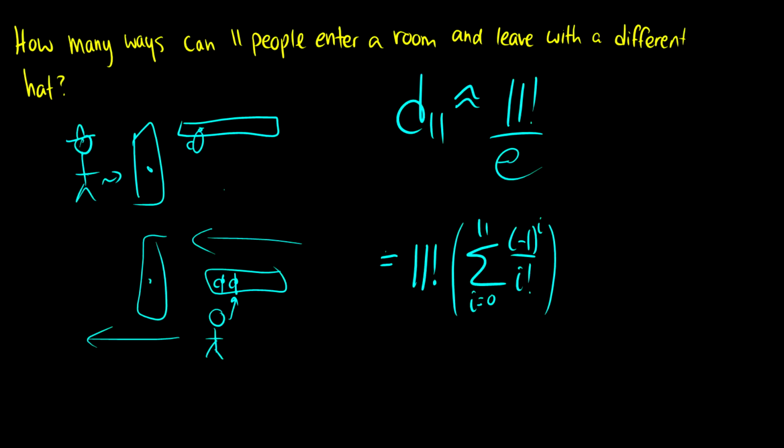Or divided by I factorial. You could write that. You could put it in a calculator and solve it, but really, if you're being given a ridiculous number like 11 on a test, which is a huge number for derangements, the approximation is probably good enough. Honestly, it's not that bad.